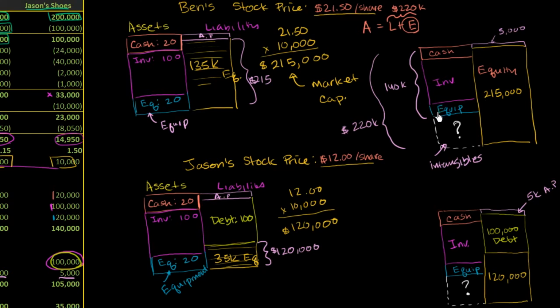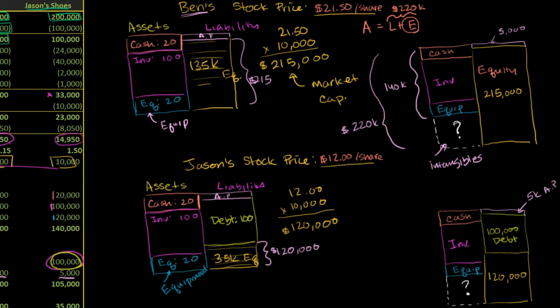There's more to this company than just the equipment, the inventory, and the cash. It might be Ben's management expertise. It might be a certain way they have of doing business. It might be a certain location they have. It might be their assortment. Who knows what it is, but the market is saying that the combination of this plus all of the expertise and how the business is organized means that it actually has more assets than are on the books.